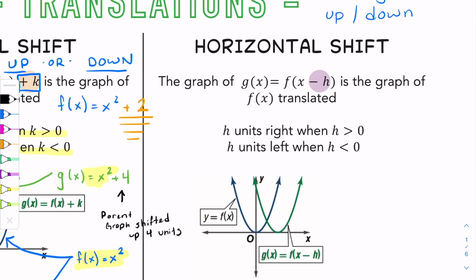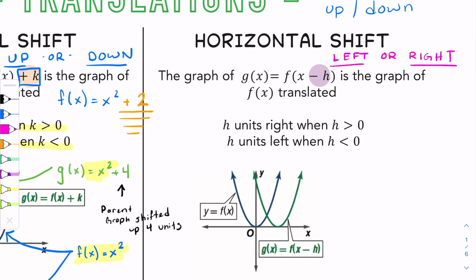Next, we're going to look at a horizontal shift. So the horizontal shift is when you translate the graph left or right. All right, if you're translating the graph left or right, it means that your function is going to be directly with the variable.